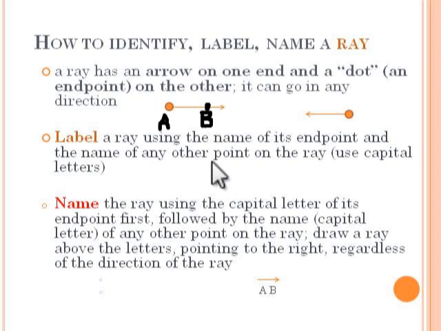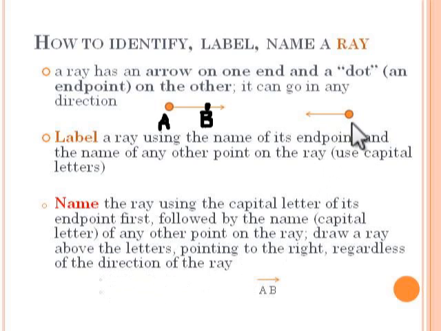This is the only one where naming it is kind of picky. It says here that you name the ray using the capital letters, the endpoint first, followed by the other point on the ray. You draw the ray above, and it must point to the right regardless.